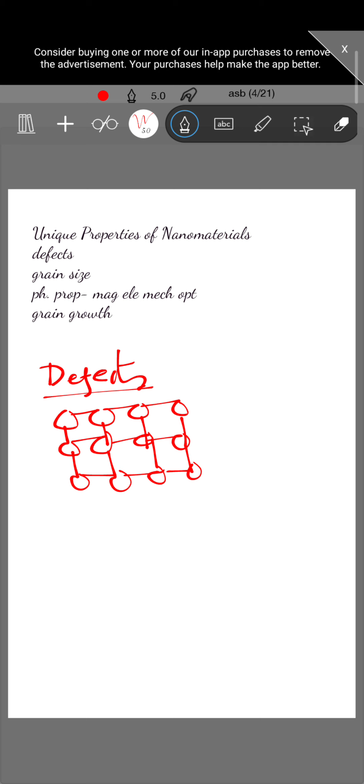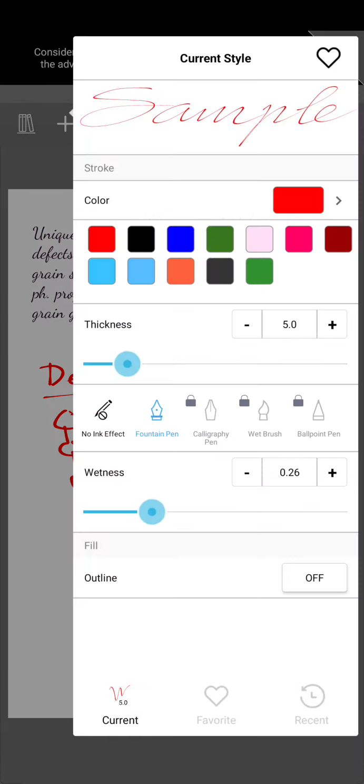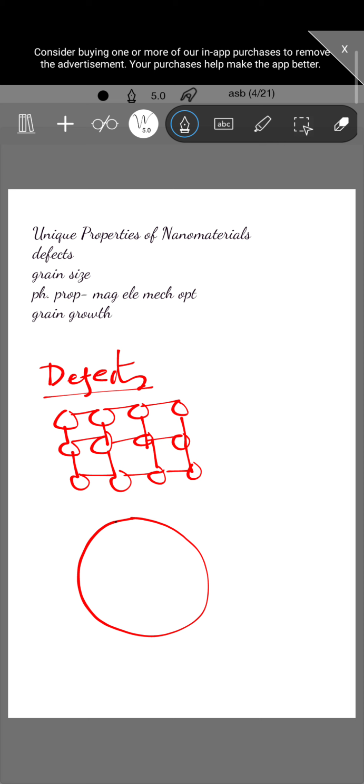Now to understand the defect, you need to understand that looking at a metal, or any object, under the microscope, we will first look at the grains. So these are the different grains.